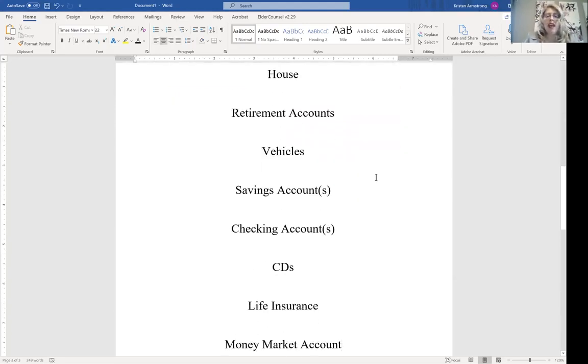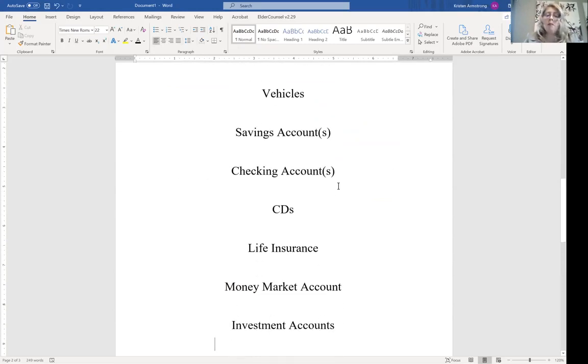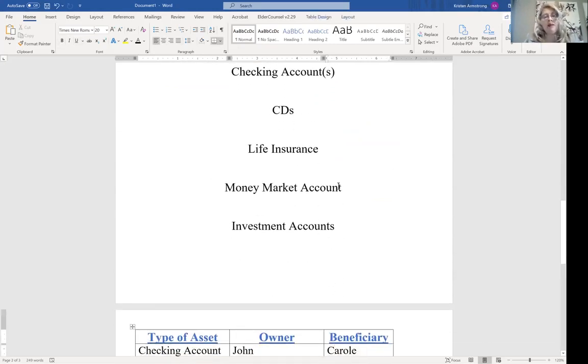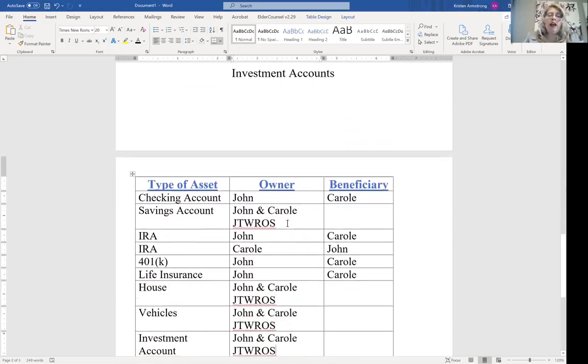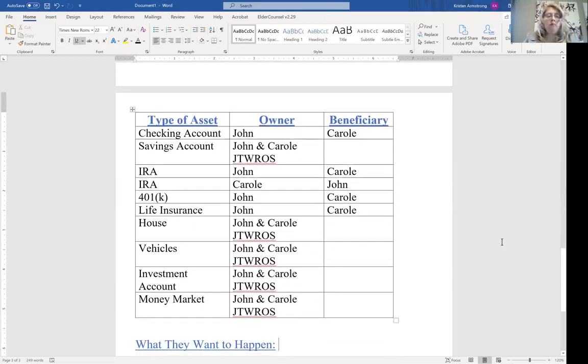Here are some of the assets that John and Carol have. They own their home, they have retirement accounts, vehicles, savings accounts, checking accounts, CDs, life insurance, a money market account, and an investment account with their local retirement account agent, financial planner. Here's how the assets are currently held.